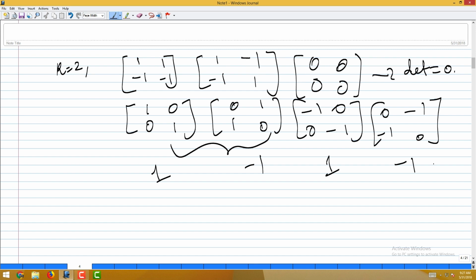What is the other possibility? Every column contains at most one non-zero entry, or there is some column whose sum is not equal to 0.